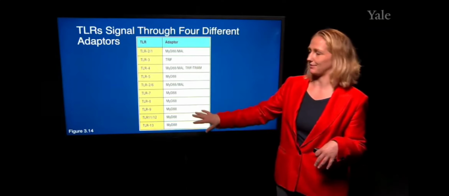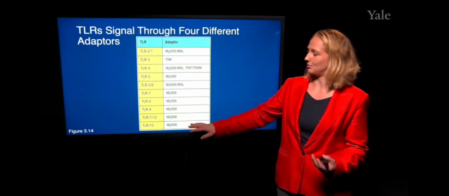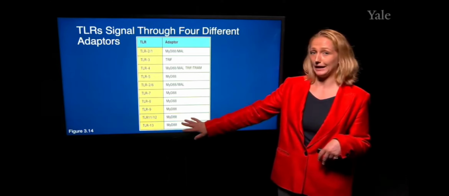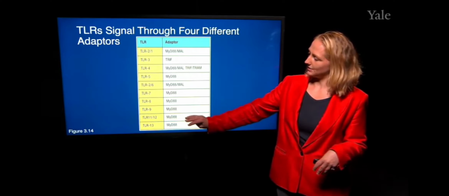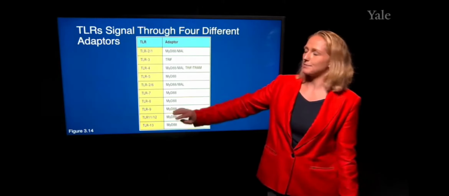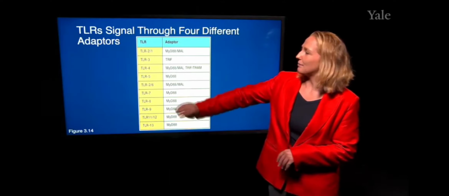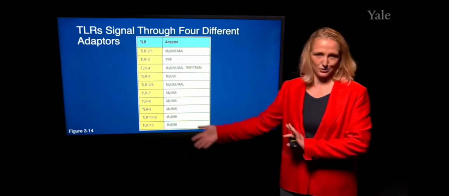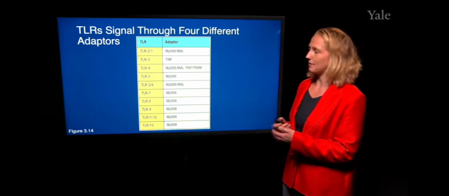So for example, if you have a patient or an experimental animal that is lacking a functional MyD88, this animal will then be susceptible to any pathogen that has components recognized by TLR2, by TLR4, 5, you can see. So that's something that's really important to keep in mind about TLR signaling.